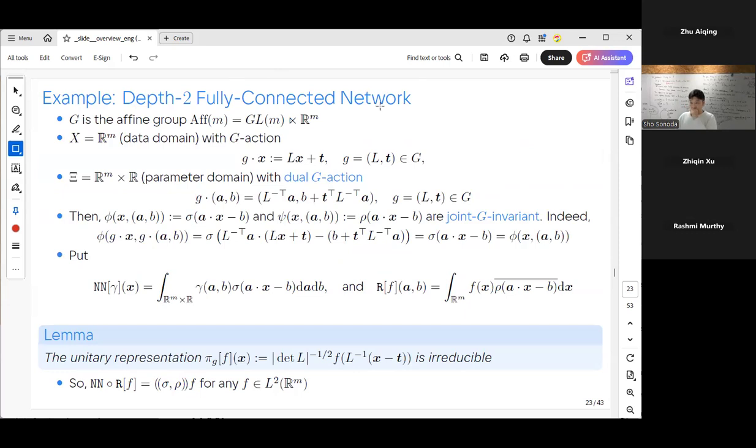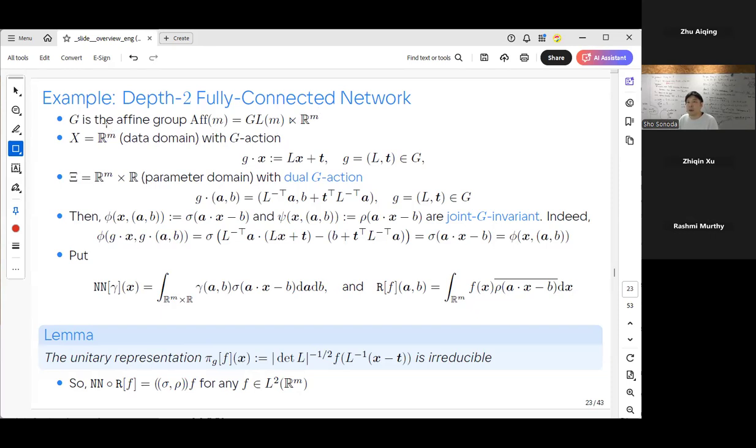This case is already known from the 1990s, but we can reprove this Ridgelet transform from the perspective of group representation theory. In this case, the group G is the affine group, a semi-direct product of regular matrices GL(m) and the translation R^m.